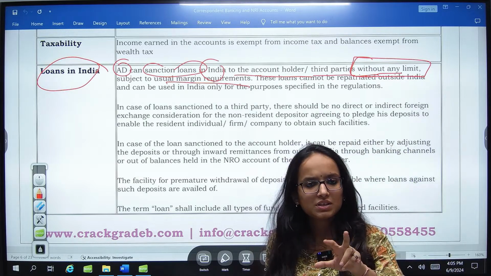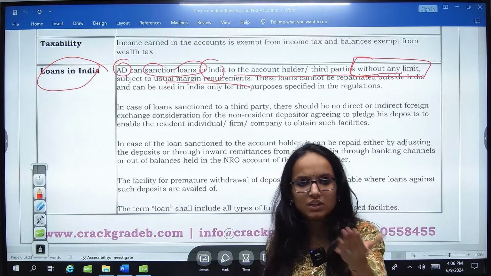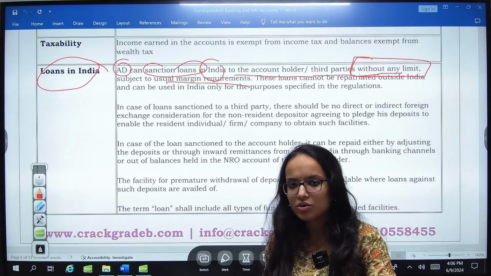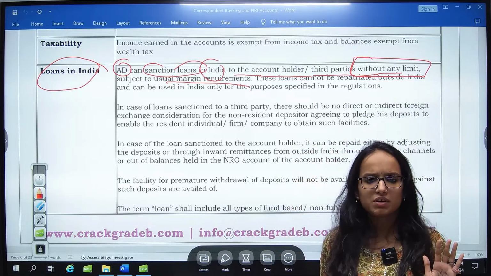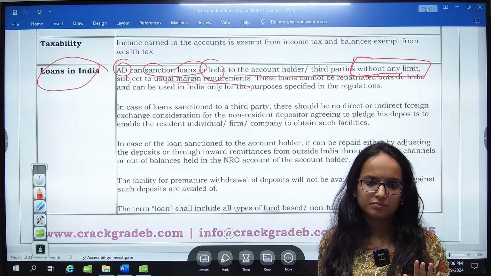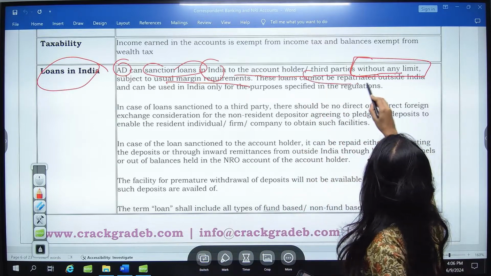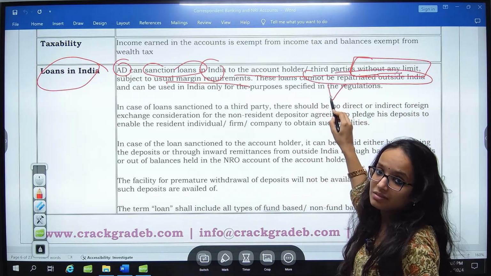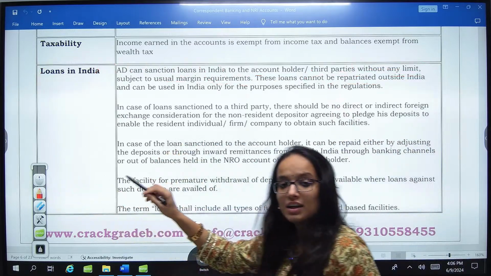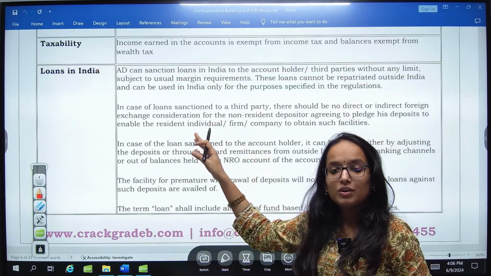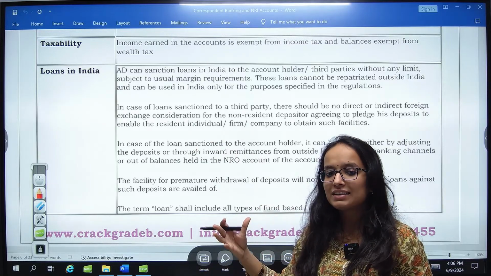Margin requirement is basically the difference between the loan value and the value of the collateral which you put as security against the loan, right? These loans cannot be repatriated outside India. Now remember, this is important. For an FCNRB account holder, loans in India are allowed only. You cannot repatriate them outside India.